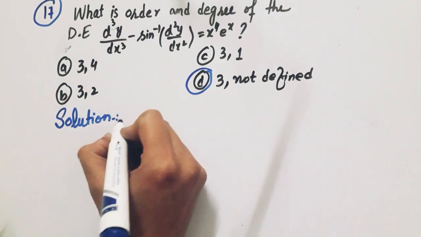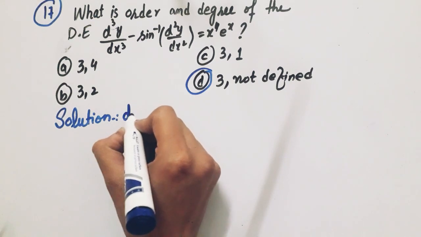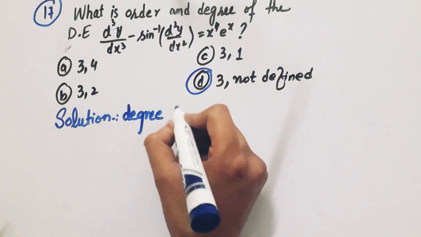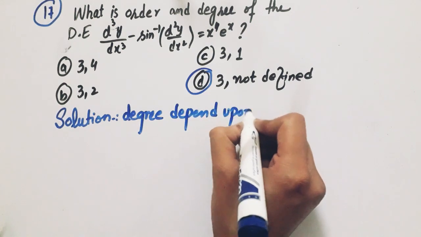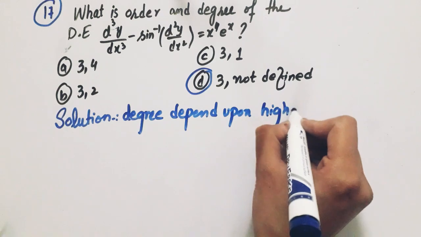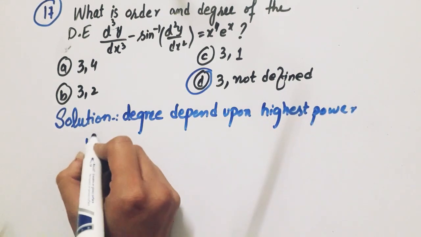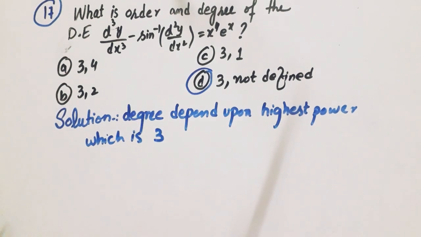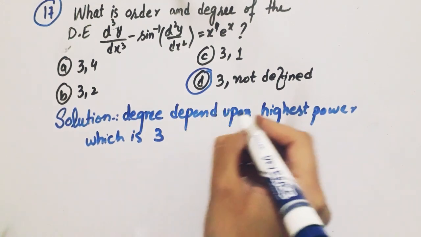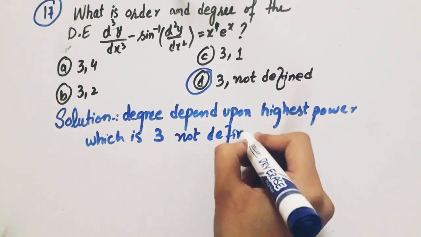The reason behind this is that degree depends upon the highest power, which is 3, and this is not a polynomial, so we will say not defined.